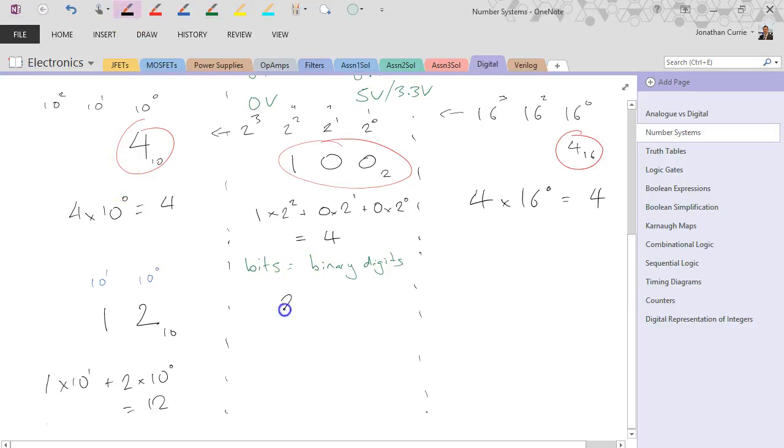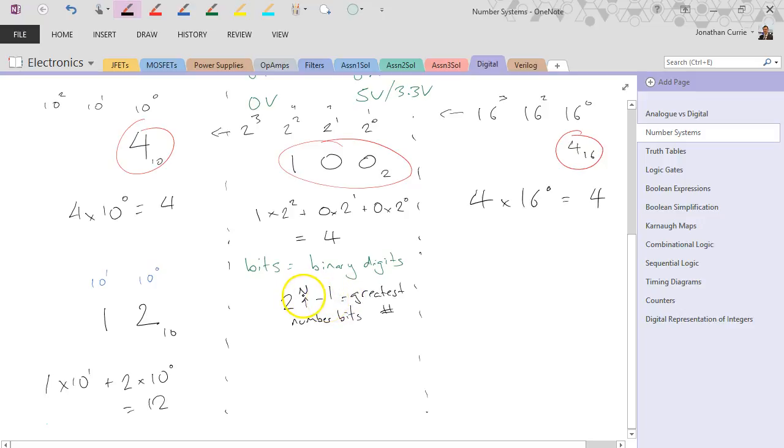You can work out where n is the number of bits, 2 to the power of n minus 1 is the greatest number that you can represent with that number of bits.